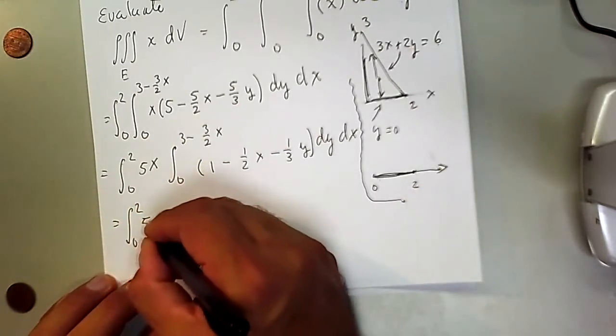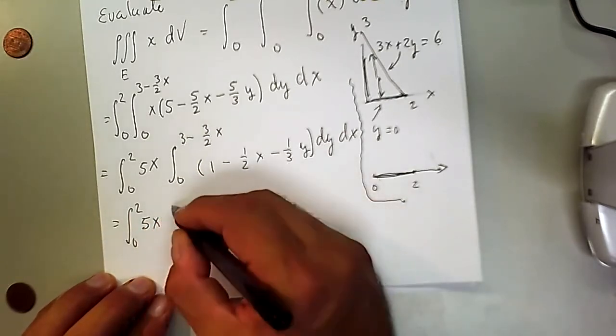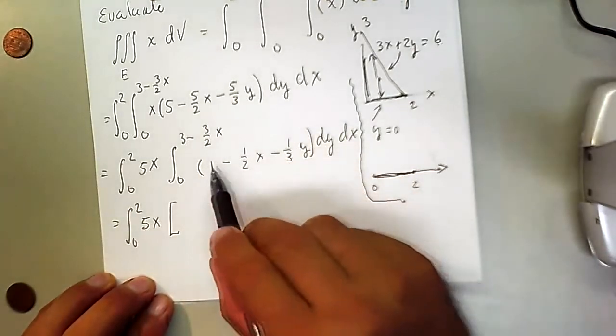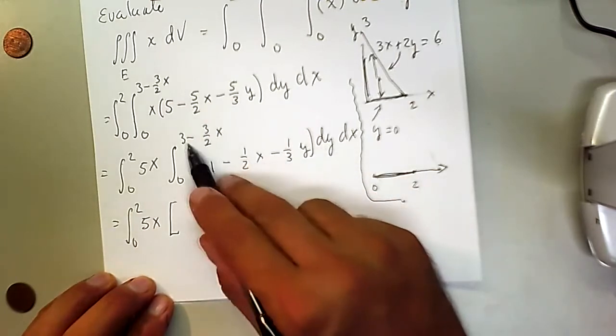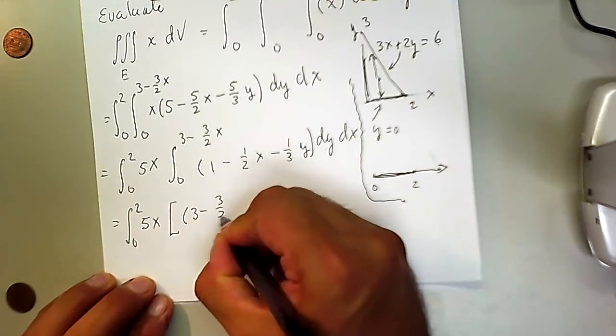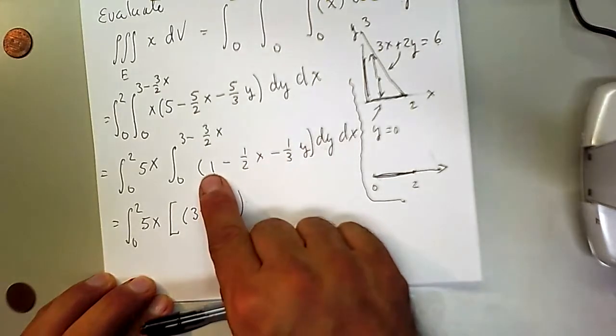0 to 2, 5x. All right, here's where I'm going to start pulling a fast one on people who are watching the video. Okay, so integrate 1, well, that's just y. But plug in this, subtract, and we end up with 3 minus 3 over 2x. Okay, that takes care of the 1.